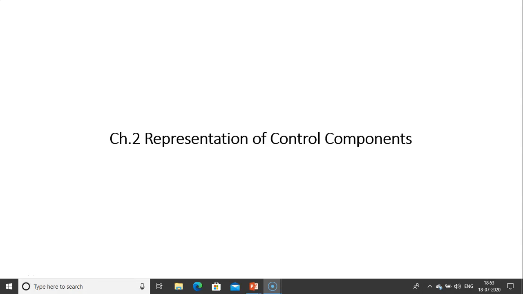Today we will see series mechanical elements, parallel mechanical elements, grounded chair representation, and problems based on that.